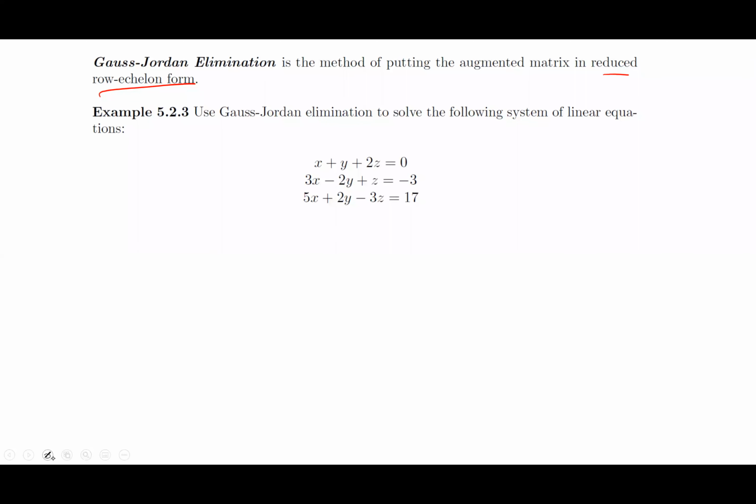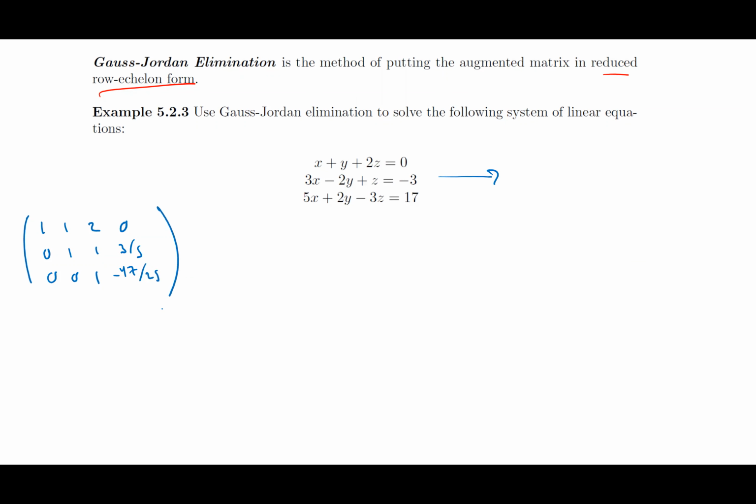All right, so where we wound up from that couple examples ago was we had turned this system into the matrix I'm writing here. Again, not going to reinvent the wheel. Okay.